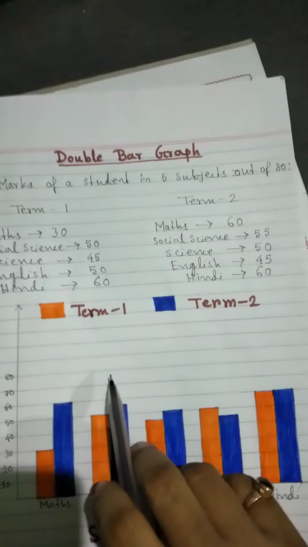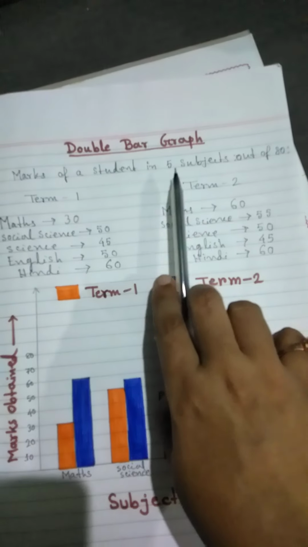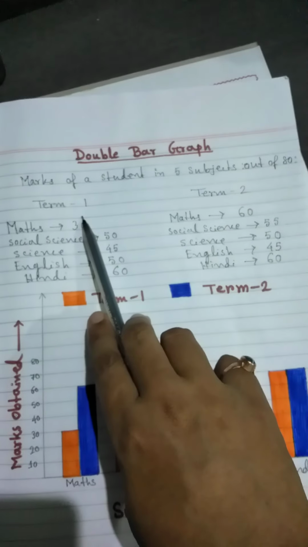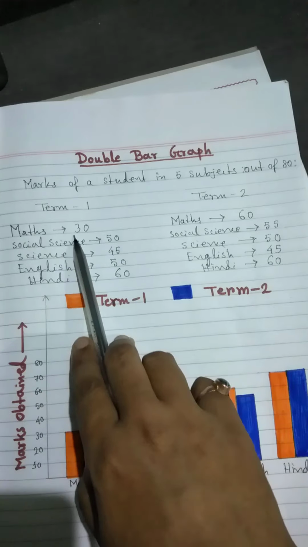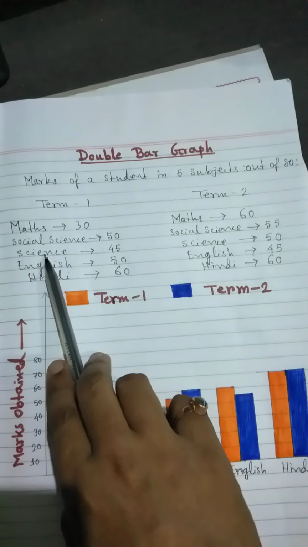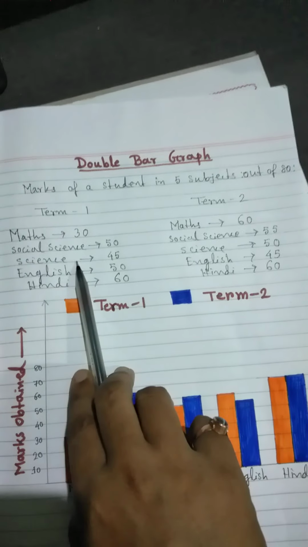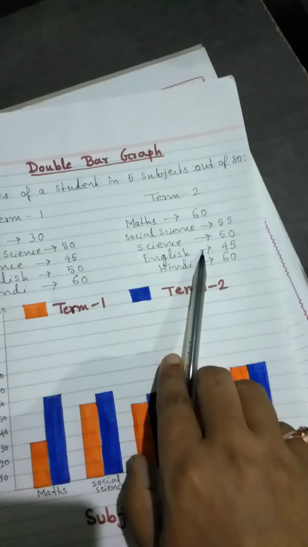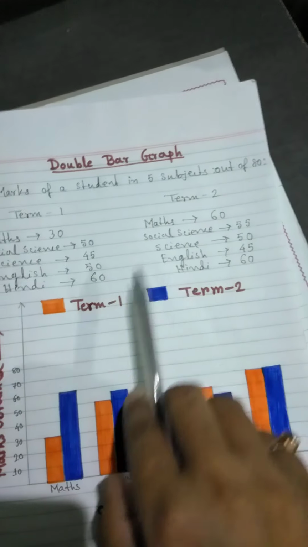Okay students, so next, double bar graph. In the double bar graph, you can see I have taken the marks of a student in 5 subjects in term 1 and term 2. The 5 subjects are math, social science, science, English and Hindi, and these are the marks obtained by the student in term 1, and these are the marks obtained in term 2 in the 5 subjects.